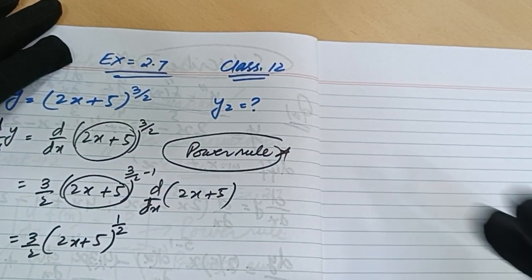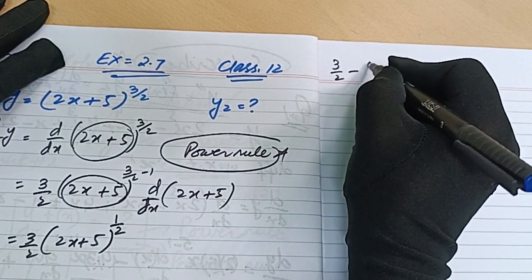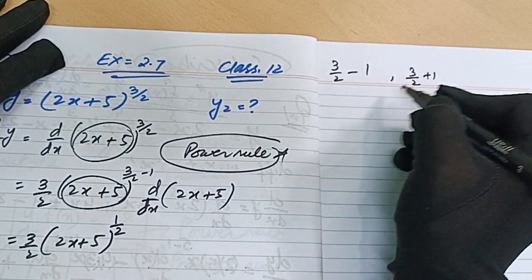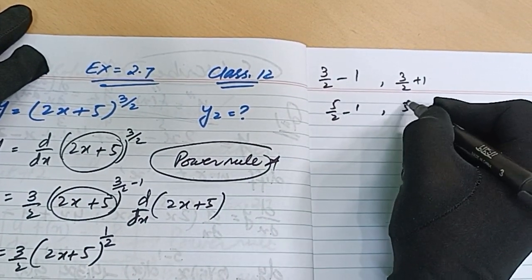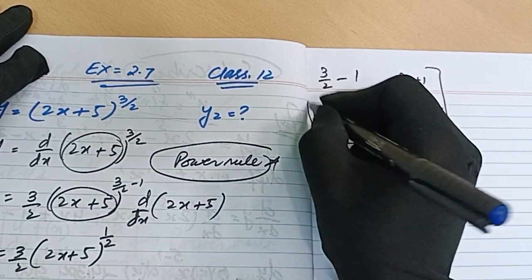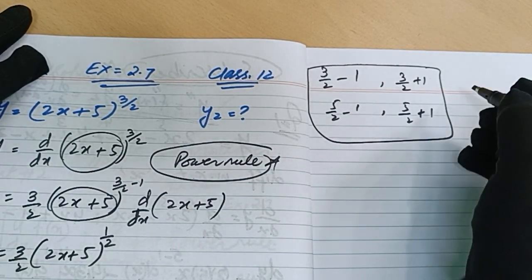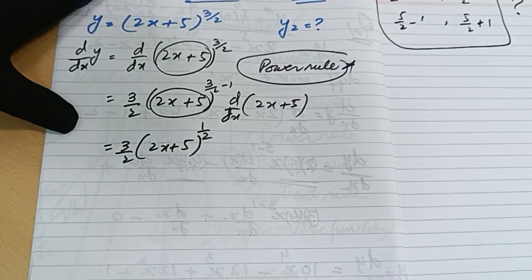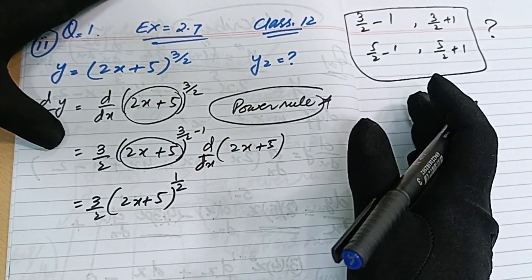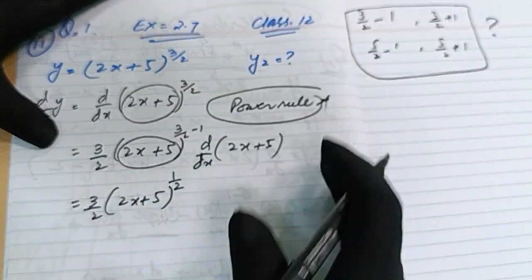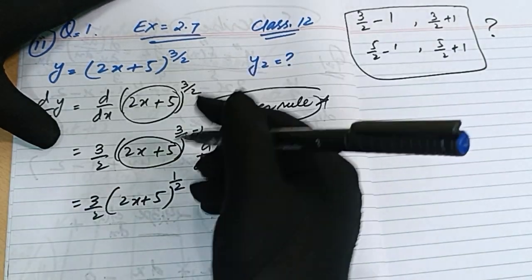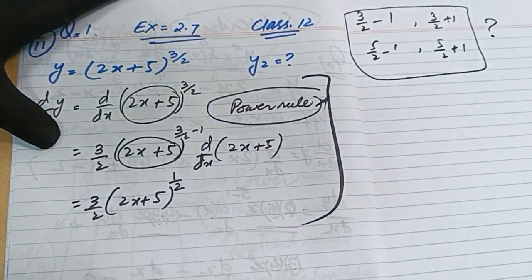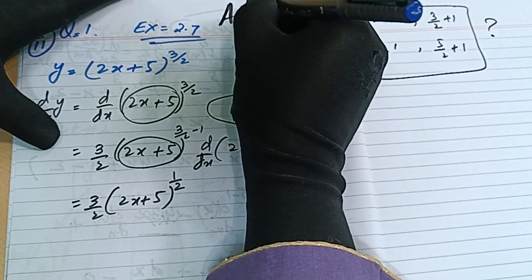Or you can do the 3 by 2 minus 1 or 3 by 2 plus 1, 5 by 2 minus 1 or 5 by 2 plus 1 in detail, and you can keep on solving that and check what your answer could be. I'm just giving it as a short assignment for you, as this maths is equally used in A levels.